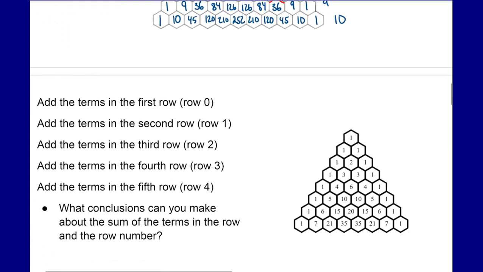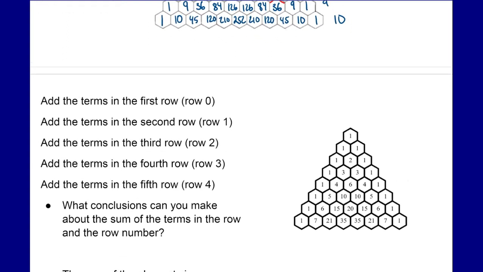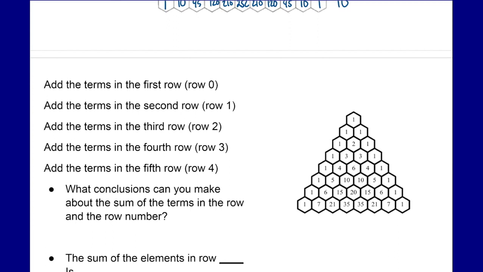So if I look specifically at the terms in the first row, or row 0, that would be the first one up here. I want to add them up. What is the sum of the terms in row 0? Well, there's only the one term, so the sum will be 1.